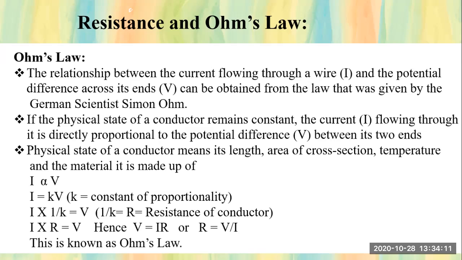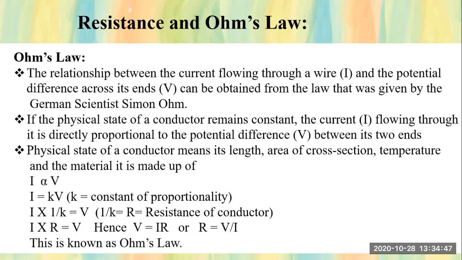So at that time, the current I flowing through that conductor is directly proportional to the potential difference V between its two ends. Very interesting. If the physical state remains constant, then the current flowing in that conductor will be directly proportional to the potential difference V.